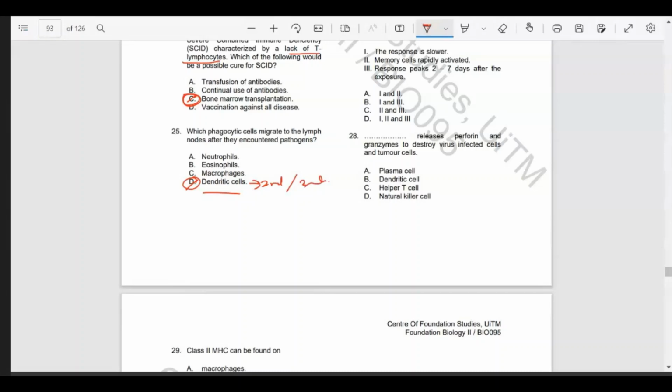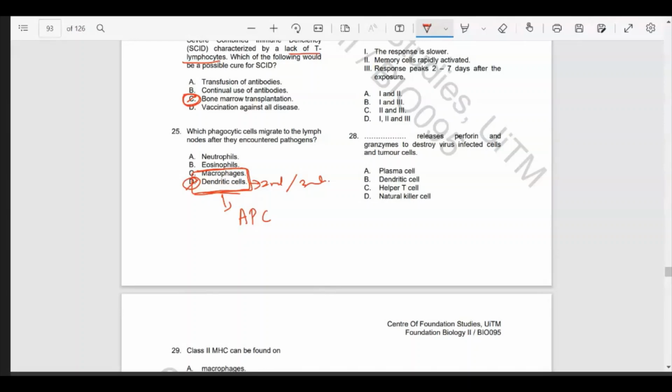Okay, so when macrophage or dendritic cell engulf a pathogen, these two cells become what we call APC, antigen presenting cell. Inside these two cells, the pathogen will be degraded into antigen fragments, and the antigen fragments will be presented on the surface of these cells.